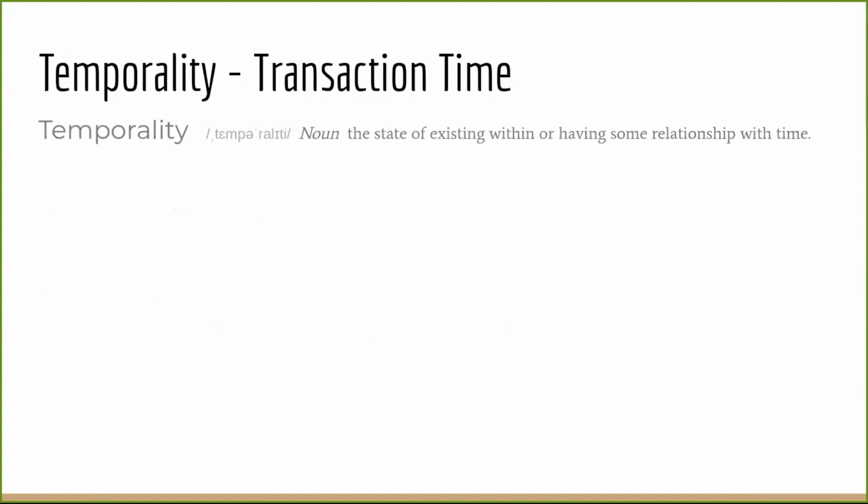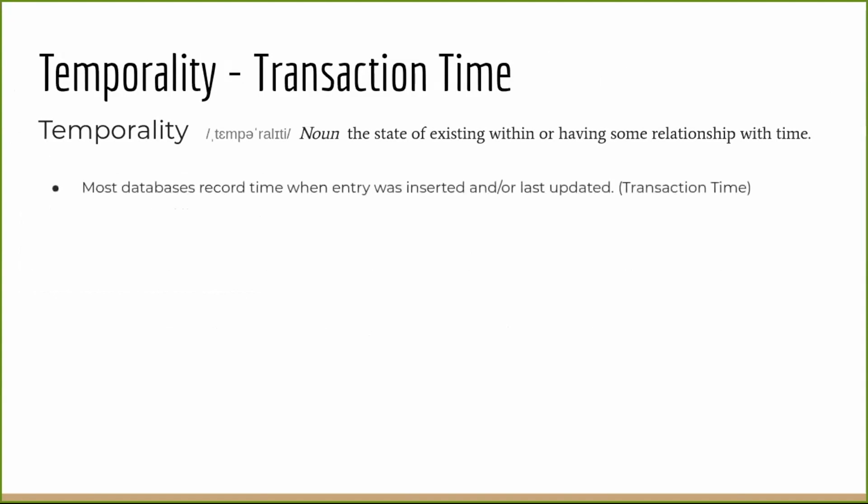To begin, I will go through a few key concepts, starting with an introduction to temporality. In the most general sense, temporality means having a relationship with time in some way or the other. With that definition in mind, we can consider most databases to be temporal in a sense, because most databases at the very least can record the timestamp of when an entry was created or last updated.